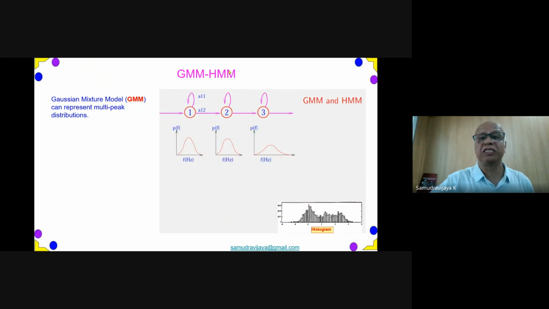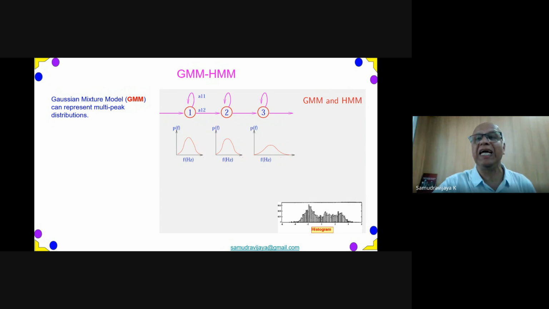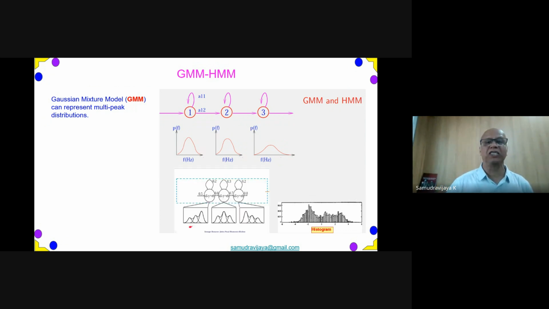For each state there is an associated distribution, and this distribution need not be a normal, symmetric curve. Therefore, we can represent it by a Gaussian mixture model, as we talked about. So together, the hidden Markov model normally uses the Gaussian mixture model. This is the popular one that is used.